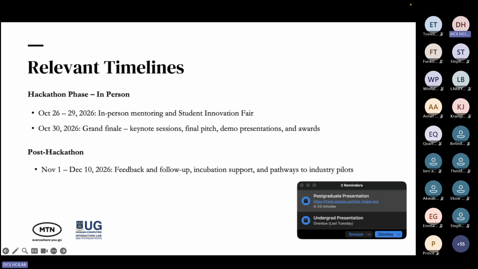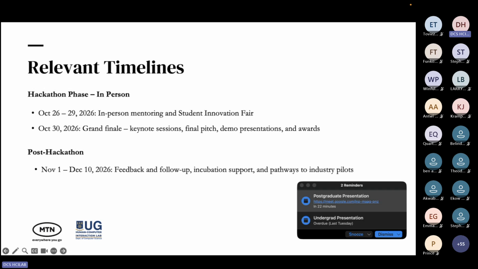The hackathon phase is going to be in person, and it is a week-long activity. The top 5 teams would be expected to report in person to the University of Ghana, where they will be hosted for the number of days of this hackathon.